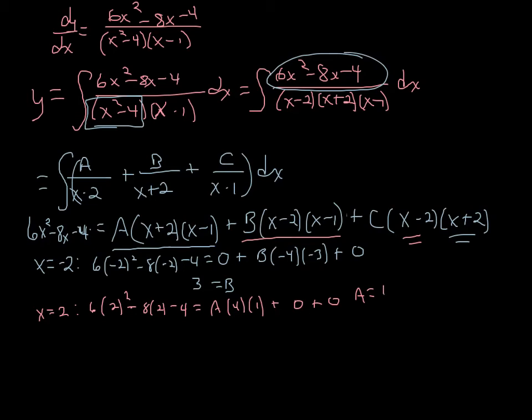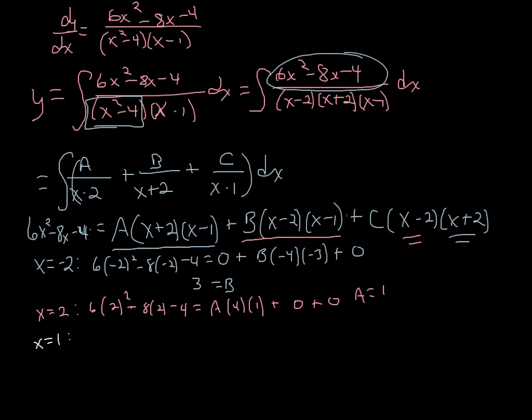Okay, and then our last one, I'm going to let x equal 1, and this is going to cause us to have only C left because I need C to still be around, and the 2 and the negative 2 made it go away.